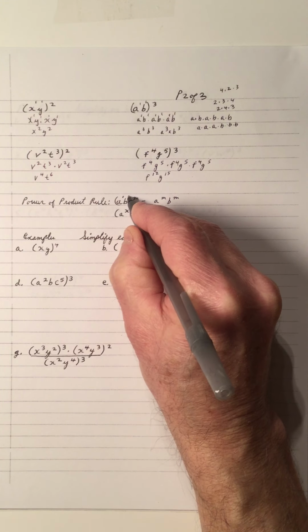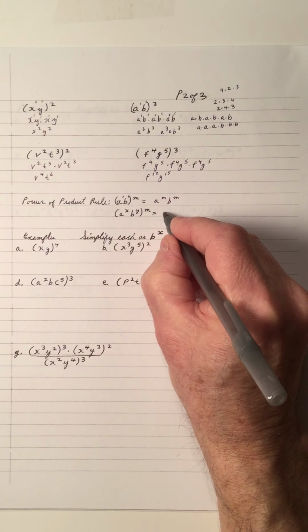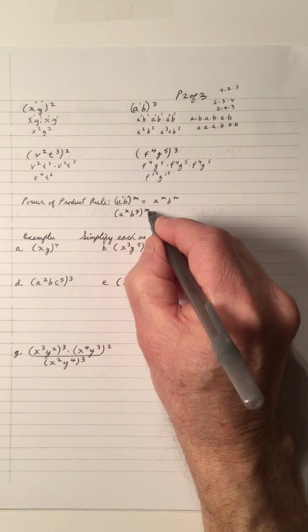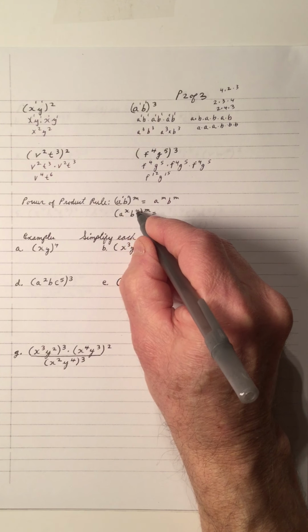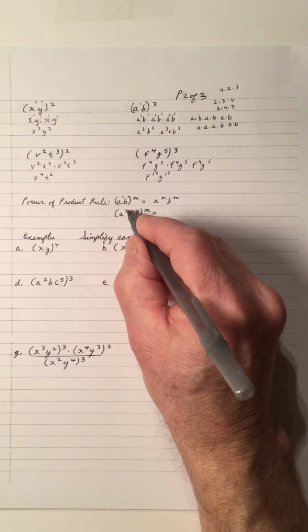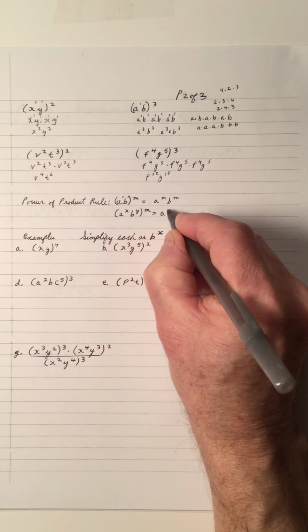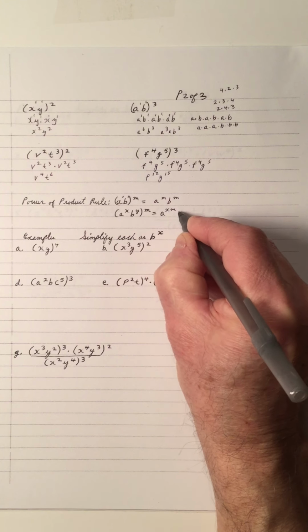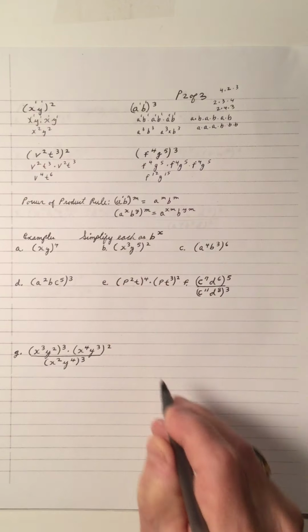The m is multiplied by both exponents here. And right here, now instead of a 1, I have an x, which could be a 2 and a 4 or 7 and an 8 or whatever. So this is a to the x times m, b to the y times m.